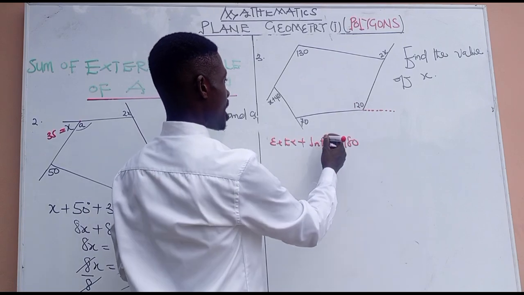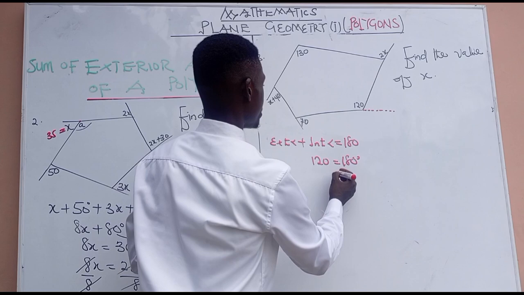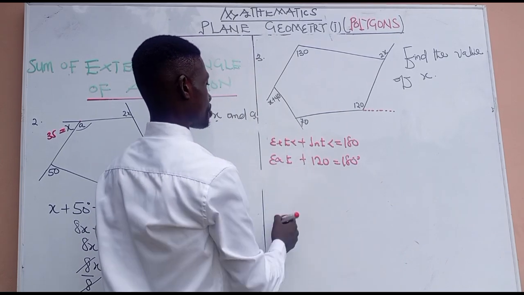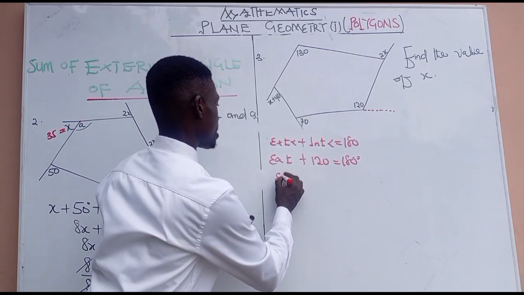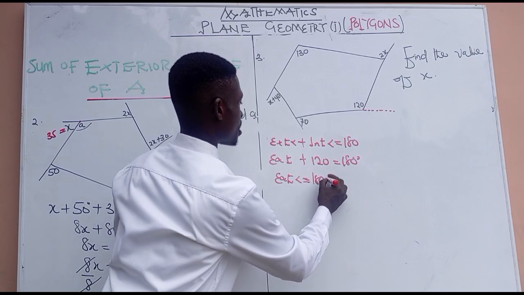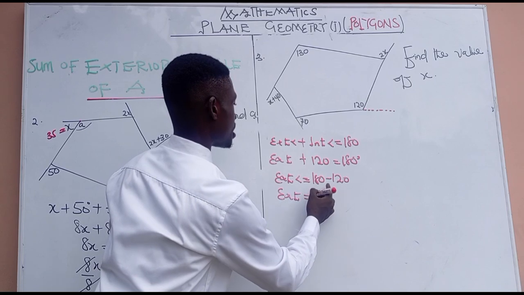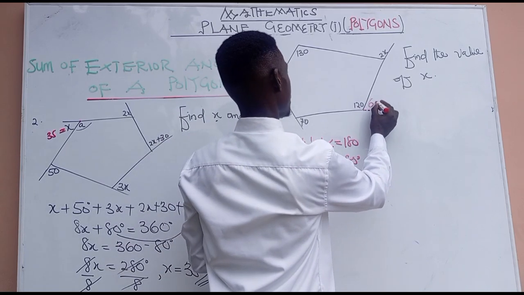We know that the interior angle is 120 degrees. And then the exterior angle, we don't know. So we are looking for the exterior angle here. The exterior angle is equal to 180 minus 120. So you can say that the exterior angle is equal to 60 degrees. So this angle is 60 degrees.